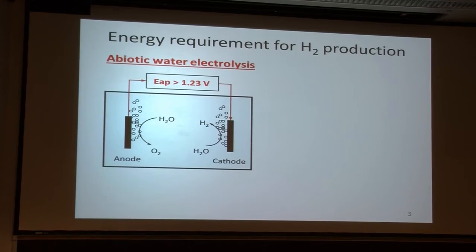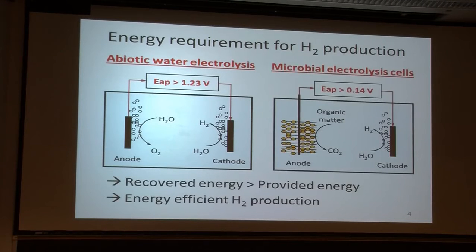And the energy requirement for hydrogen production, especially through electrolysis. This is an abiotic water electrolysis cell. So at the anode, water is oxidized to oxygen, and at the cathode, water is reduced to hydrogen gas. In this system, the voltage requirement is 1.3 volts.